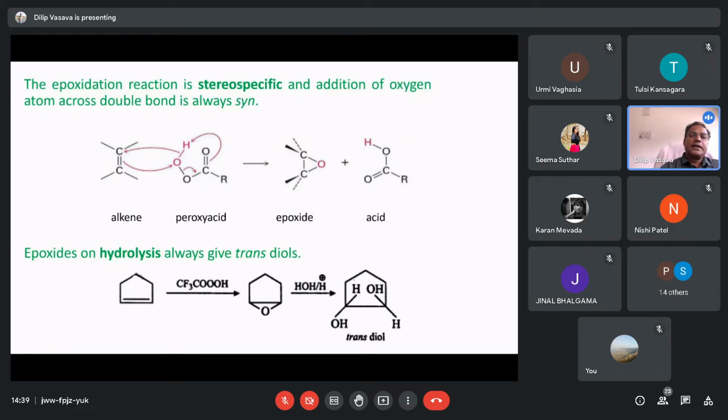Here the epoxide is formed from the double bond in the presence of the fluoro percarboxylic acid, followed by hydrolysis, which gives the trans diol. Hydrolysis of the epoxide gives the diol in this case.